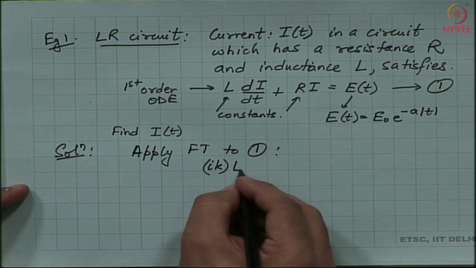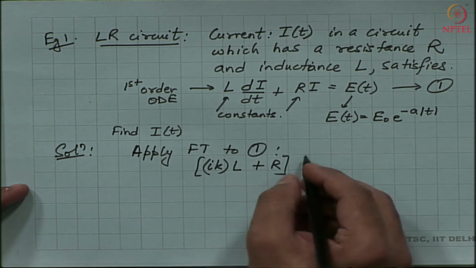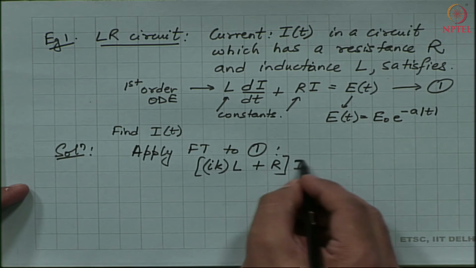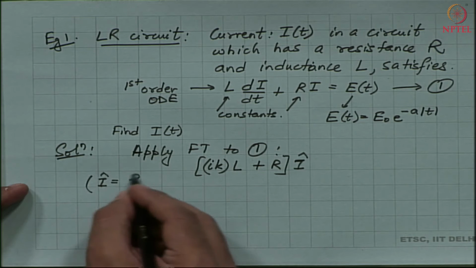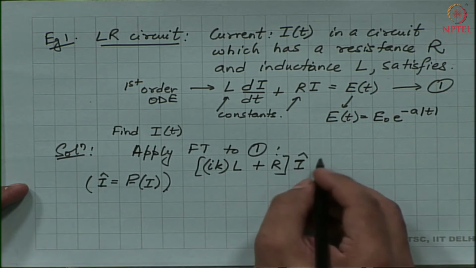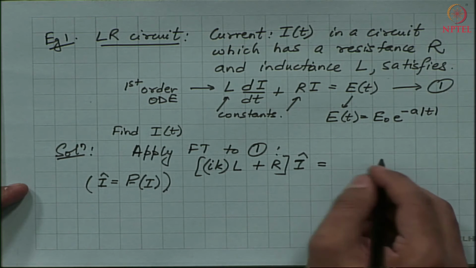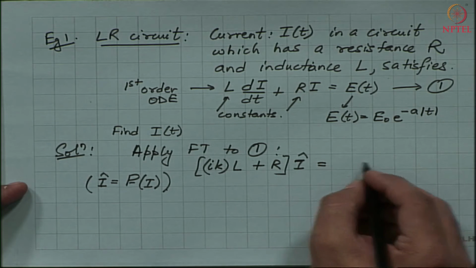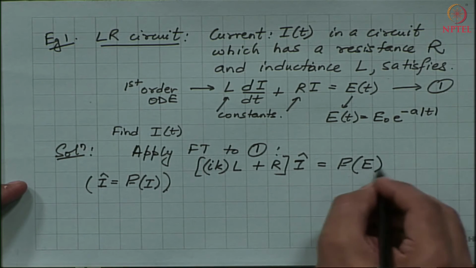I get (i k L plus R) times I hat, where my I hat is the Fourier transform of I. Okay, so this is equal to the Fourier transform of E.